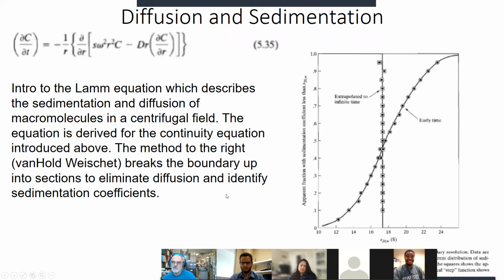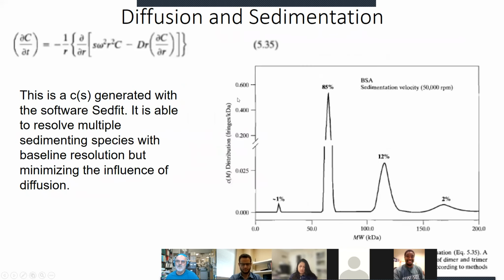You basically looked at little regions of the boundary, extrapolating the data to infinite time, and you could get information about the S value. In this particular case, the S value gave you data suggesting a single species, okay? And so that's what this technique was used for.